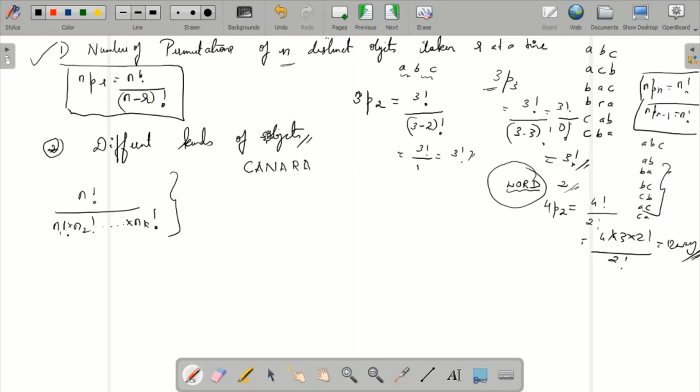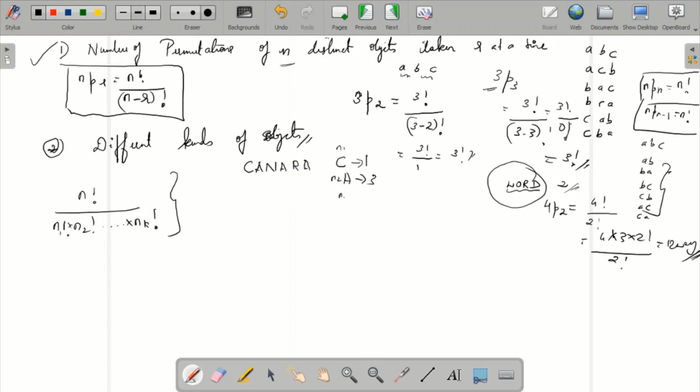Different kinds of objects means permutations with repeated objects. Whenever they ask you to find the number of permutations of the word CANARA or anything like that, you try to find how many times each letter is repeated. C is repeated once, A is repeated thrice, that is C is n1, this is n2. N2, how many times does it appear? 3.